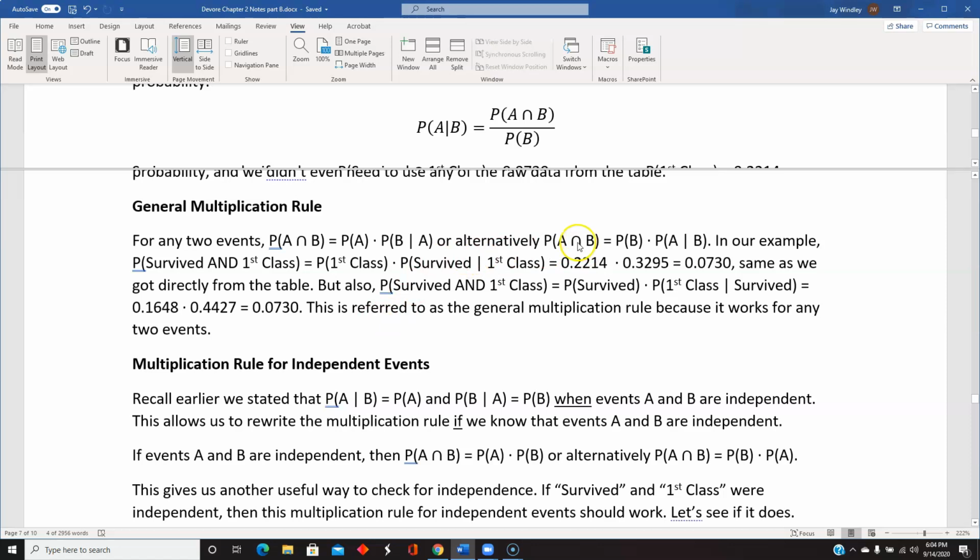So notice in particular this version of the general multiplication rule: probability of A and B is in there, probability of B is in there, probability of A given B is in there. So the same three quantities are in there. It's just here it's expressed as a multiplication problem, like say, for example, 3 times 4 equals 12.